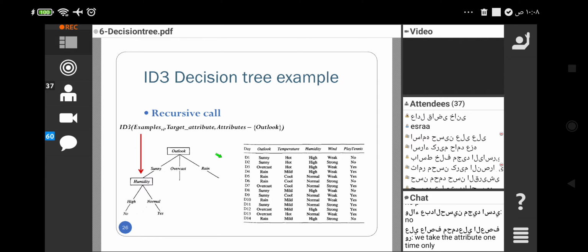If the attribute is in a parent node, it could not be in the child nodes. For example, when we have humidity here, we can't have it in the children of humidity. But we can have humidity here, because this node is not the child of this. Do you understand, Mr. Asif?